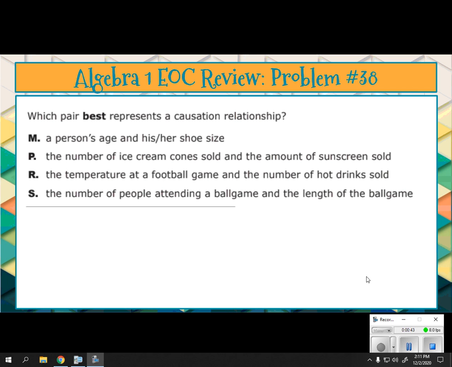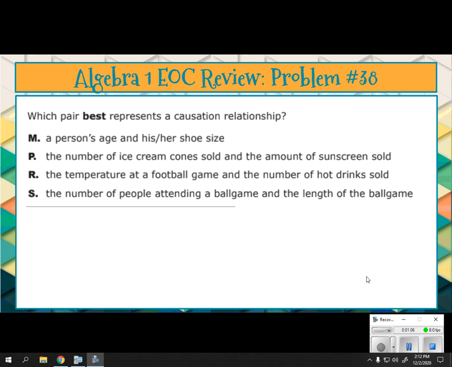And a lot of times, like the number of cigarettes somebody smokes and their chances of getting cancer, people always associate those two variables with one causing the other, right? You're more likely to get cancer if you smoke more cigarettes.